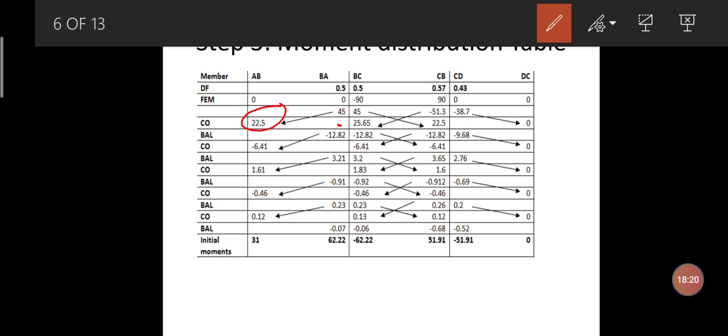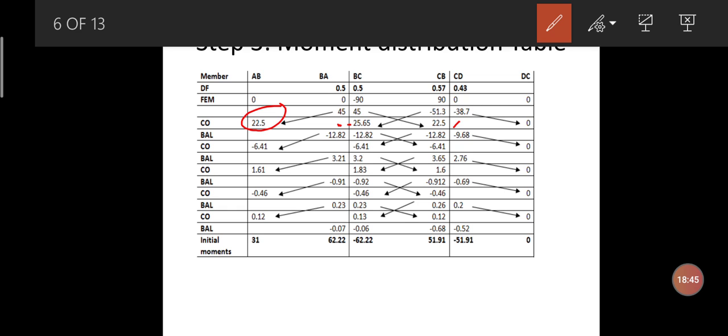So again from BC I need to carry for CB. So it is again 45 by 2 with the same sign convention, so it is 22.5 once again. So 51.3 is there here with a negative sign. This should be minus 25.65, half of the moment with the same sign convention, from CB to BC I have carried.